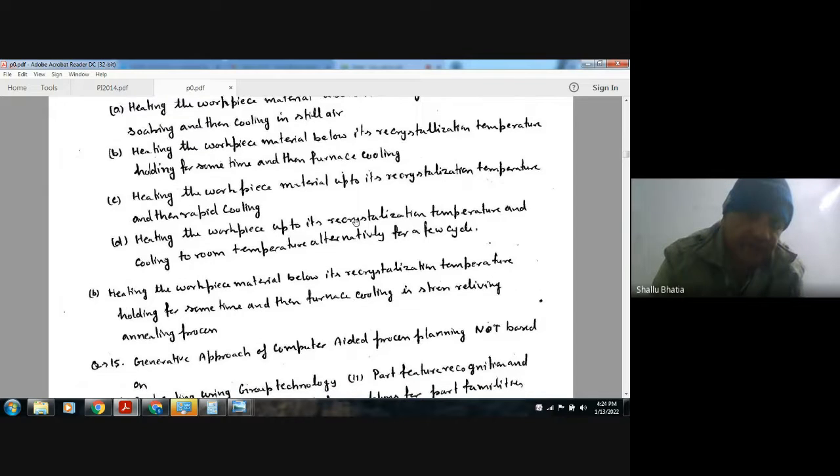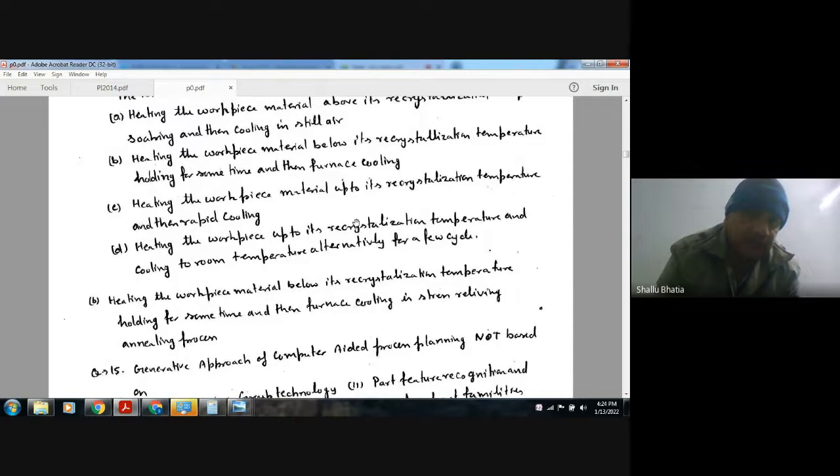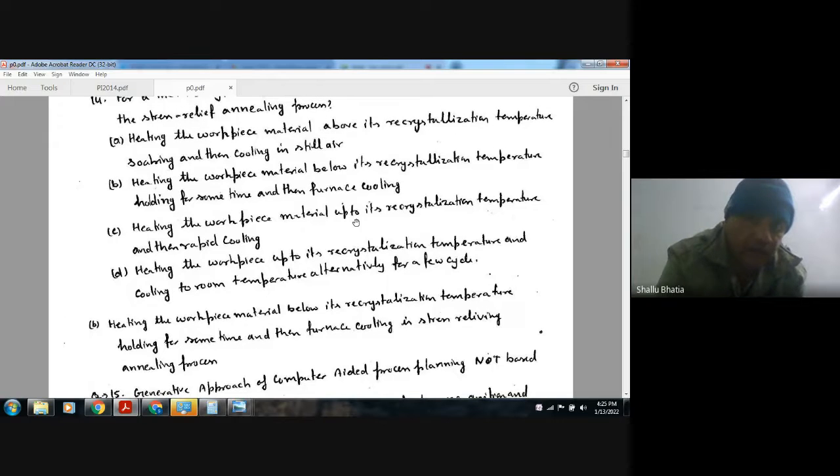In the annealing process, the furnace cooling of the material is done to release stresses. In the first option, cooling is in air, in the third option it is rapid cooling, and in the fourth option it is cooling to room temperature. So these are wrong. Cooling is done in the furnace, so the answer is B.